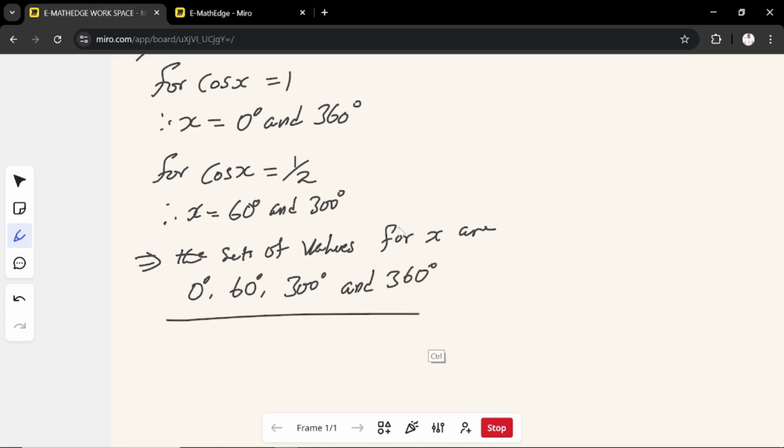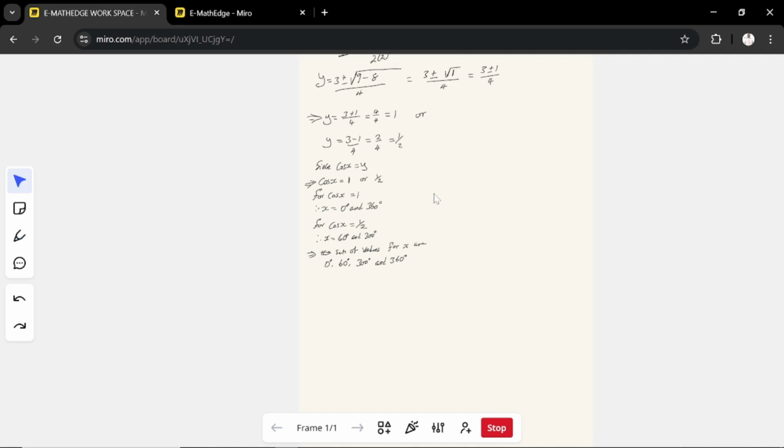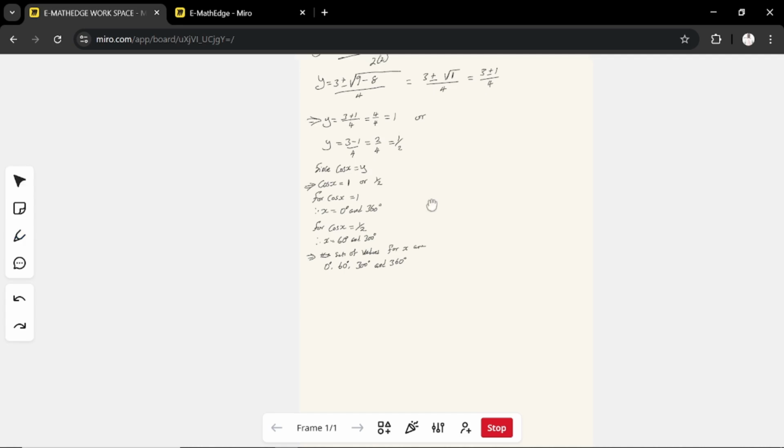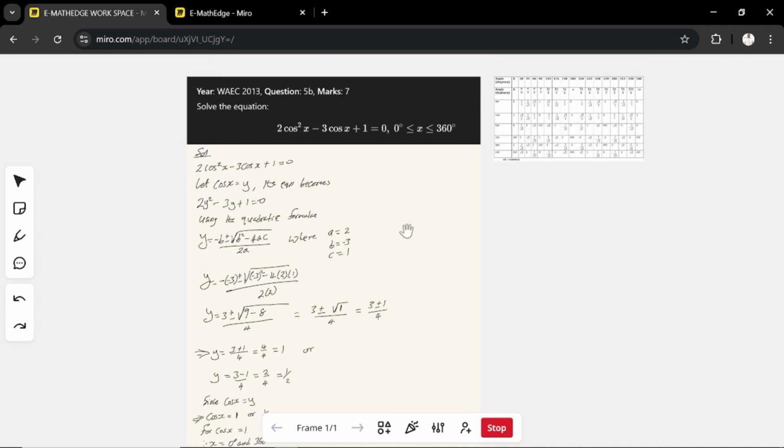So these are the set of values we were asked to obtain, and mind you, it was clearly stated earlier that the set of values for x must be from 0 degrees down to 360 degrees. So that's to say we are on the right track.